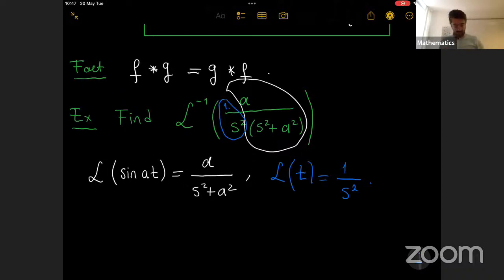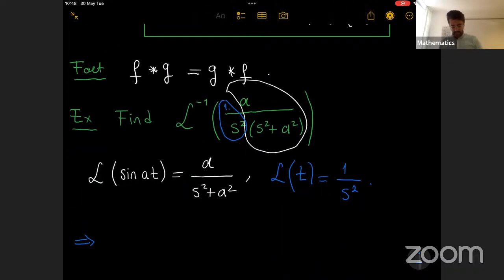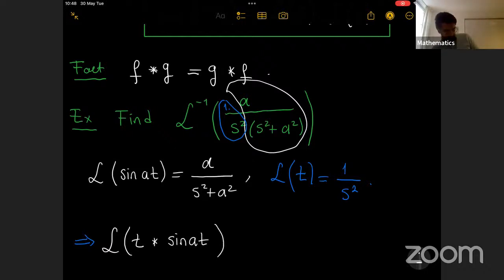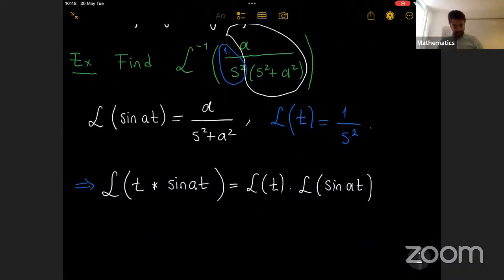So by the theorem, the Laplace of t convolution sine at is the Laplace of t times the Laplace of sine at, but this is what we just found: a over s square times s square plus a square.